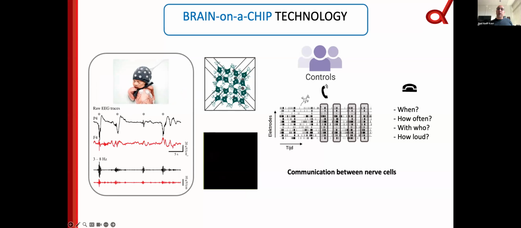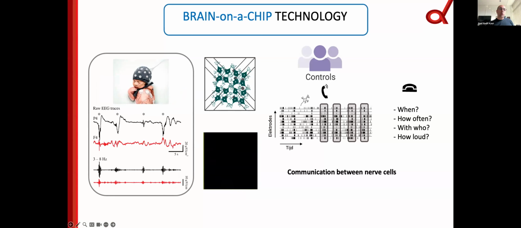And what's interesting is that what we see here in the dish, highlighted here in gray boxes, this simultaneous activity of the cells, is something that also happens in newborns or in very developing brains.